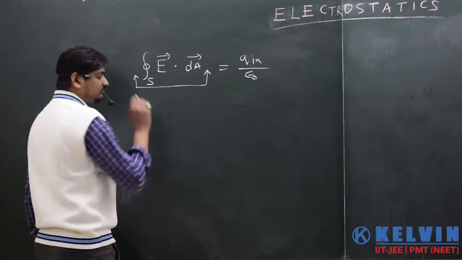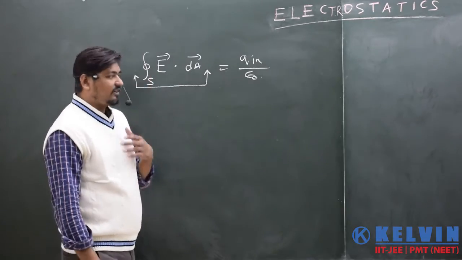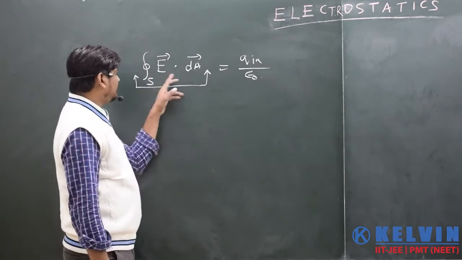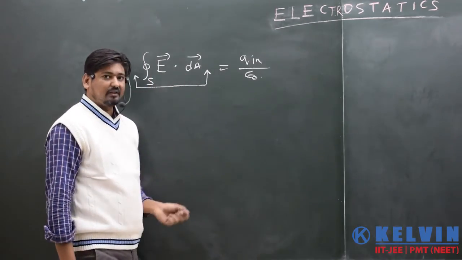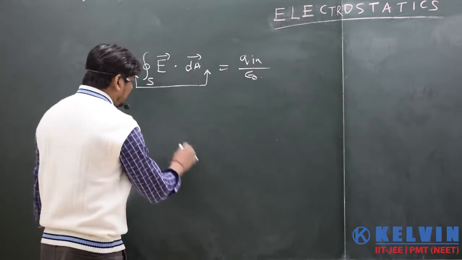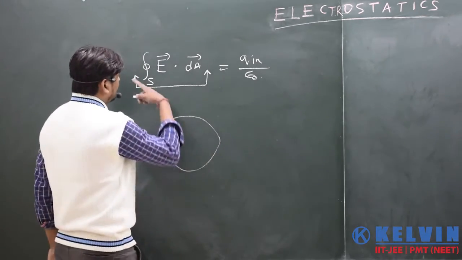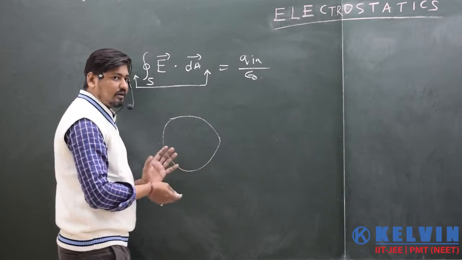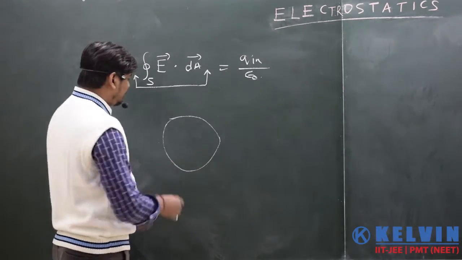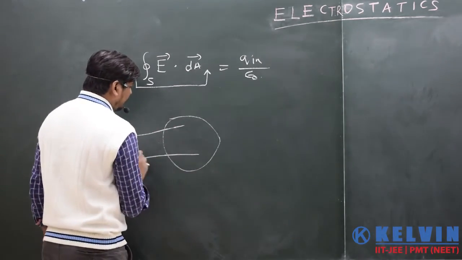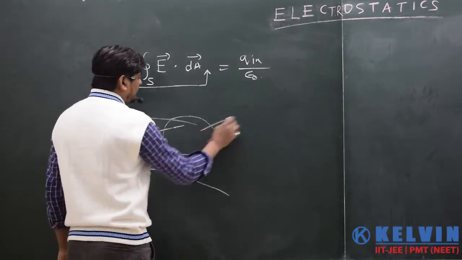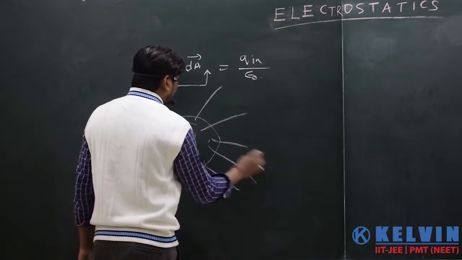Now, left hand side. Taking the left hand side into consideration, it is the dot product of E vector and dA vector. Suppose for a particular closed surface like this, total flux comes out to be positive, right? There are some electric field lines going in and some coming out of the surface.